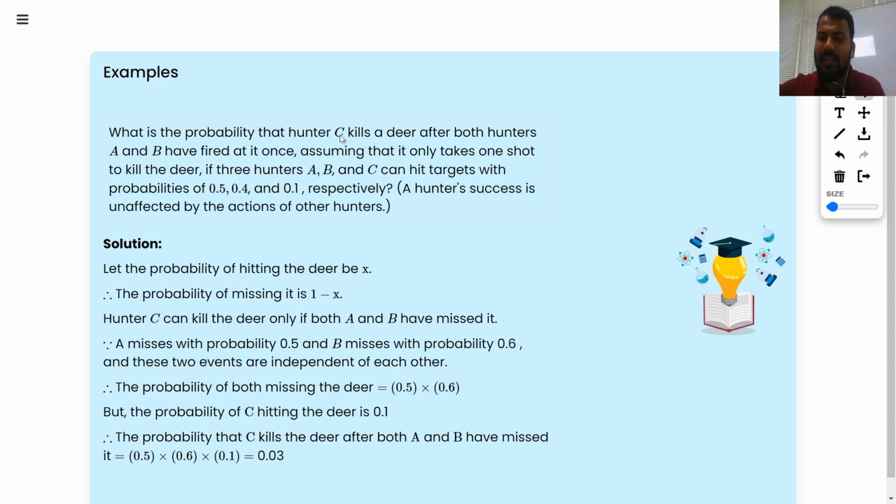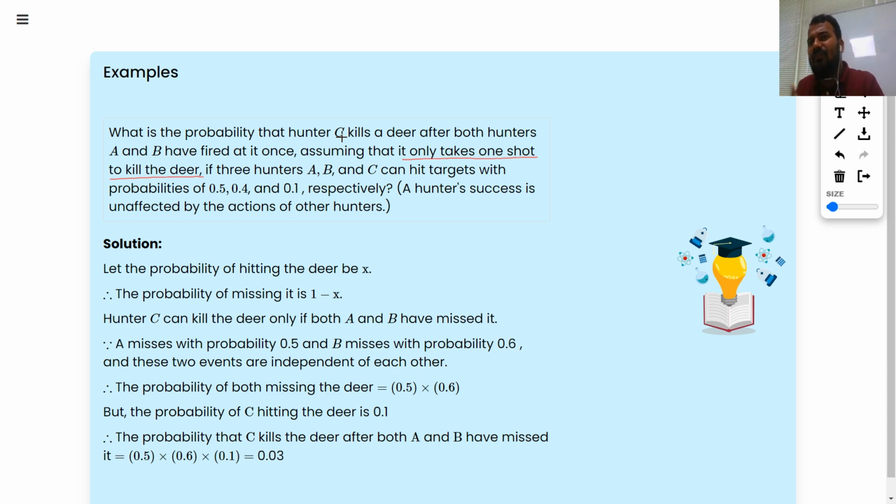Now in this particular case, very important information is assuming that it takes only one shot to kill the deer. Now if it is taking only one shot to kill the deer and they are asking us to find out the probability that C is going to kill, then before that A and B would have fired, isn't it?